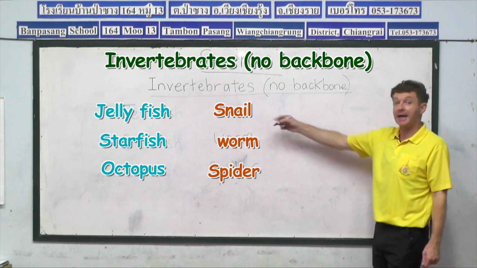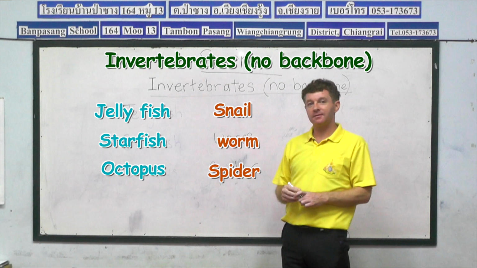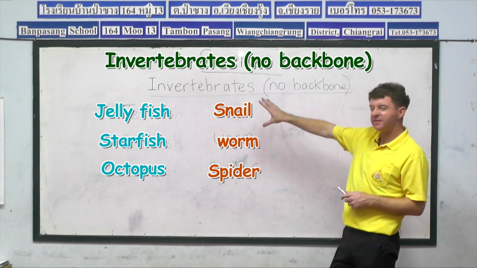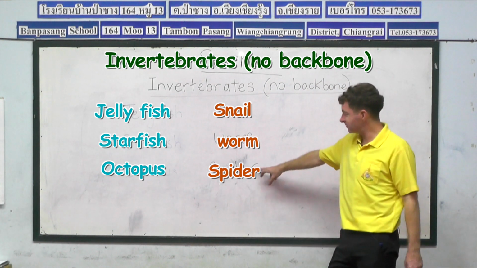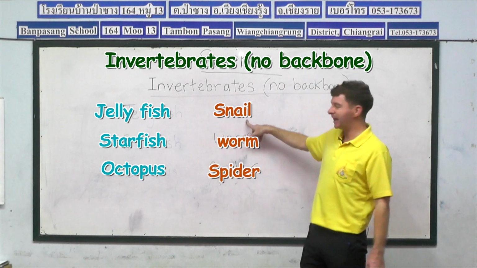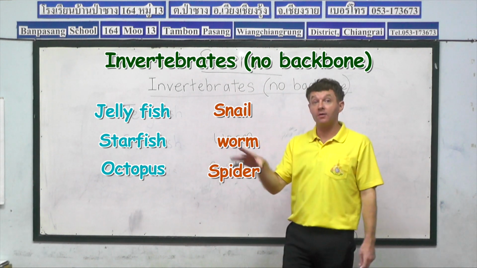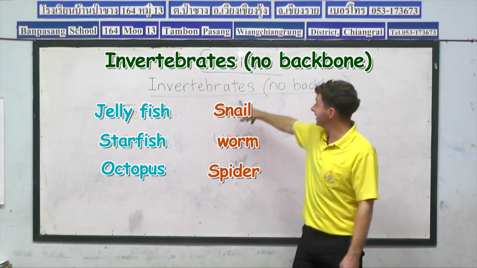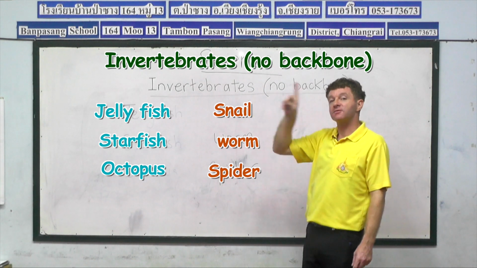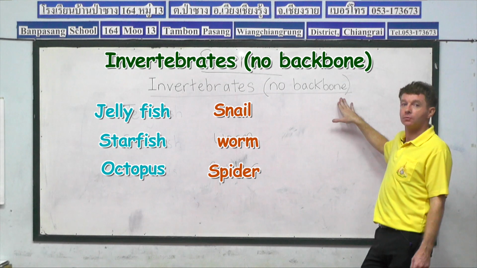S-P-I-D-E-R. Snail, worm, spider. Notice all of these animals are quite different. A spider doesn't look like an octopus. A snail doesn't look like a starfish, but they all belong to the one group of animals, invertebrates, because they all share the one common factor, no backbone.